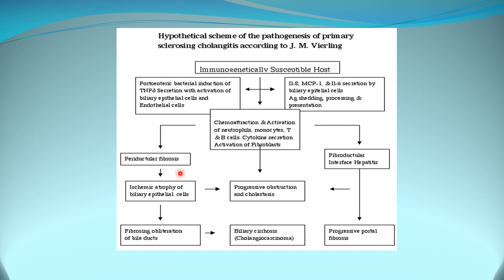And because of fibrosis, blood supply will be reduced. So ischemic atrophy of the biliary epithelial cells leads to further progressive obstruction and cholestasis, and that may cause fibrosing obliteration of the bile ducts, causing biliary cirrhosis. And here also the interface hepatitis causes obstruction and cholestasis, and progressive portal fibrosis leads to biliary cirrhosis.